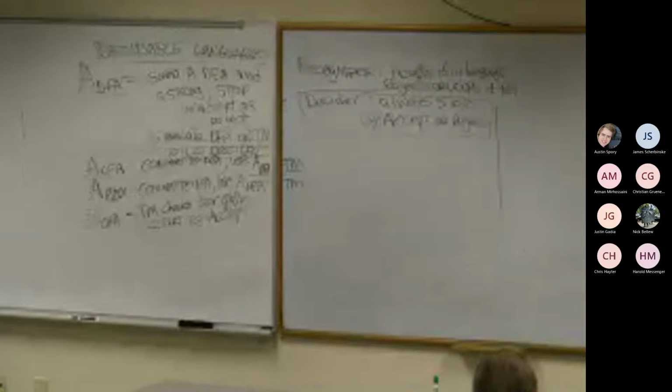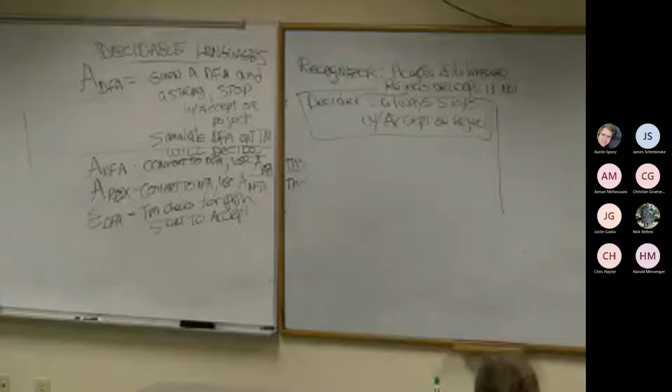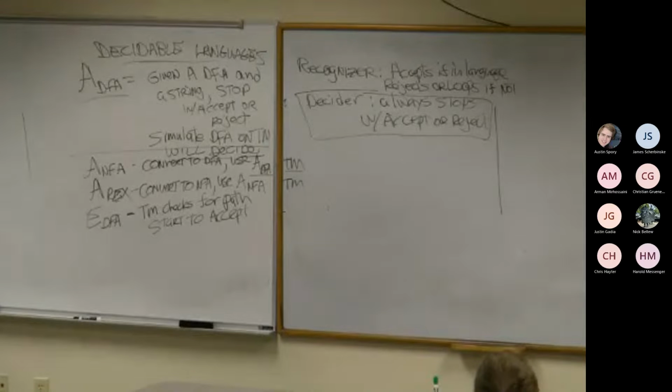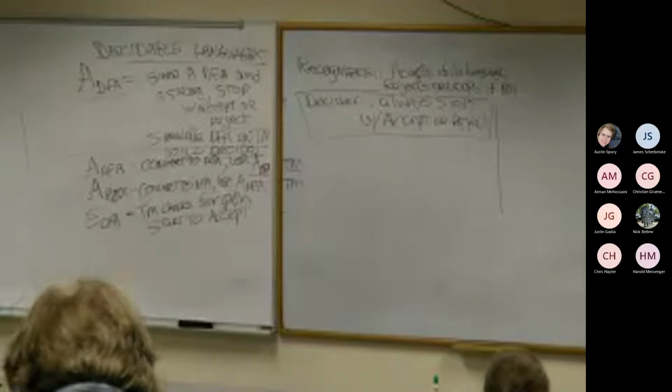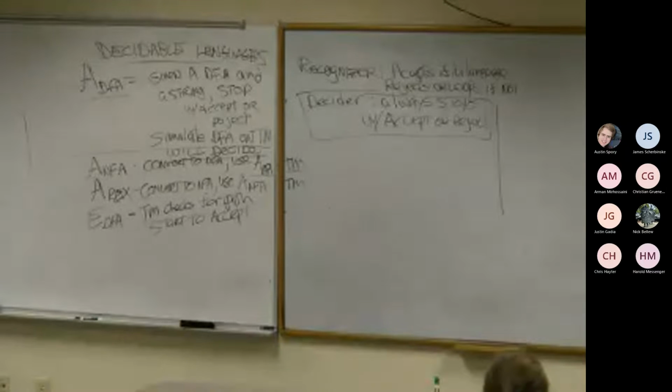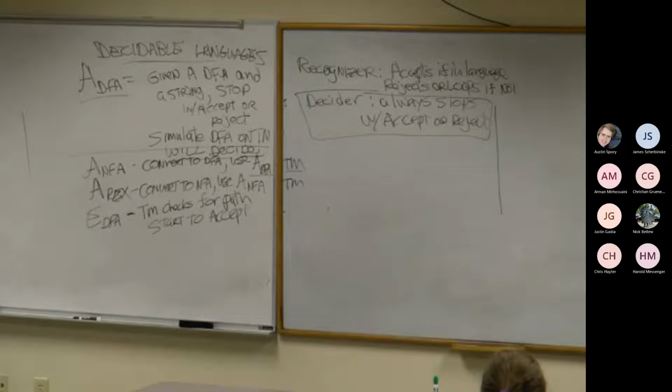When you get all done, you're going to have a list of everything that's reachable from the start state, all the nodes. And then we just see, are any of them accept states? It's basically a connectivity check. If there's no path that will take you from the start state to an accept state, then the language of the DFA is empty.